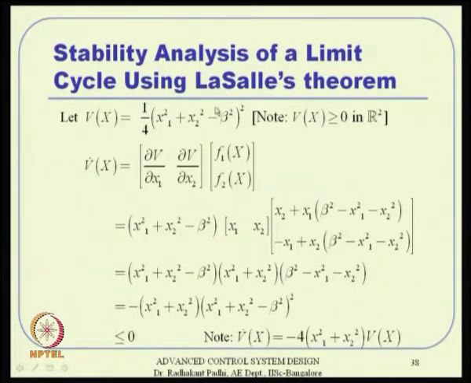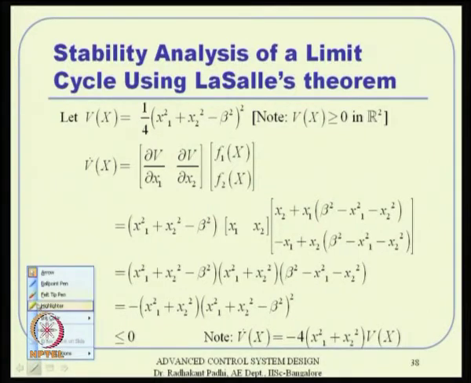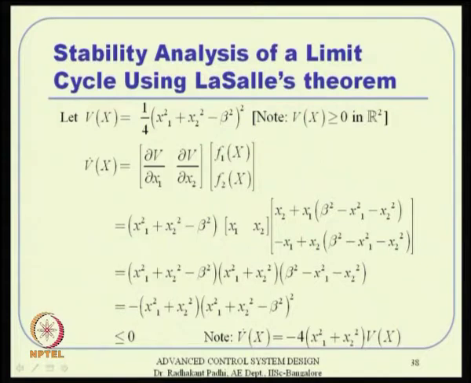If I take this particular function, it is not only continuously differentiable, but it is also greater than or equal to 0 as long as we are not on the limit cycle. To be more precise, V of x is greater than or equal to 0 other than on the limit cycle.